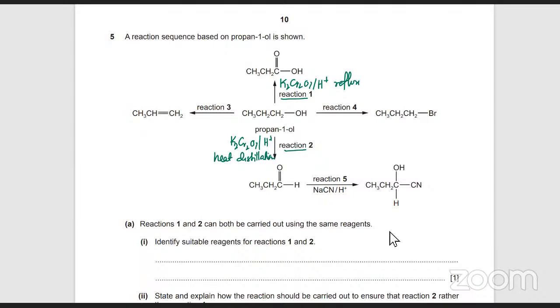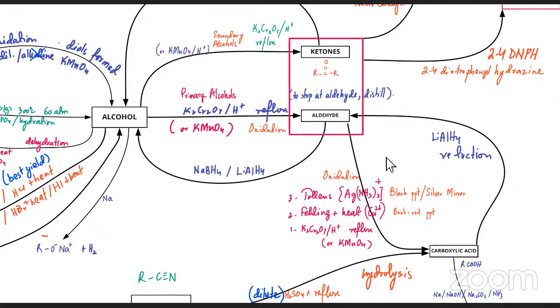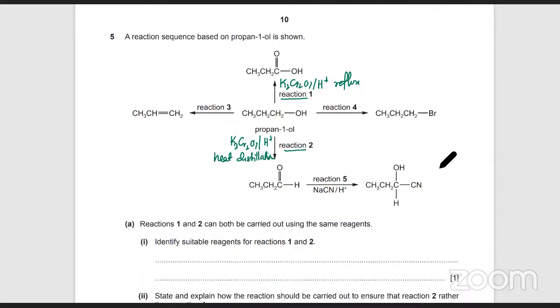The reason being that you don't want the primary alcohol to get further oxidized to carboxylic acids. You want to stop over here, so you have to distill. You have to take out the aldehyde as quickly as it is formed. Aldehydes have lower melting and boiling points compared to alcohols and carboxylic acids, so they will evaporate and leave the mixture.